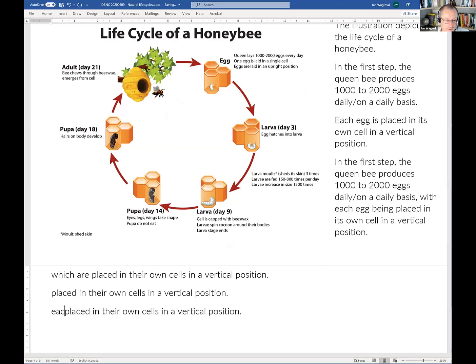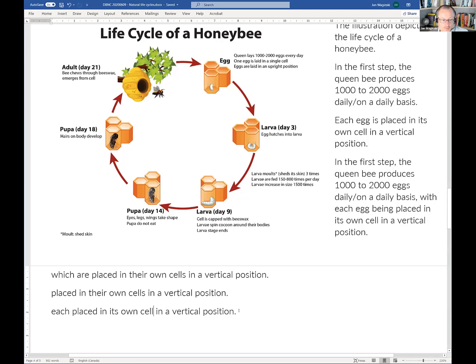You could also do "each placed in its own cell in a vertical position." Each egg placed in its own cell in a vertical position. We can put a dot after "daily basis" and then "each egg being placed."